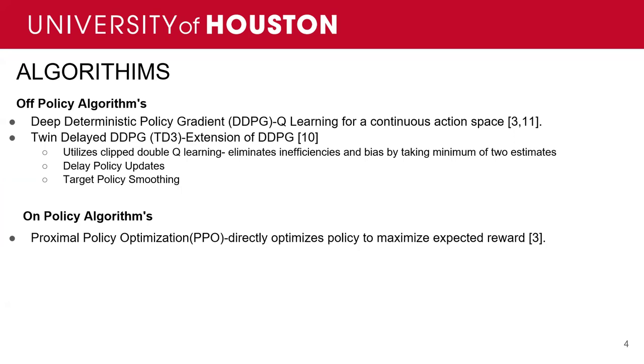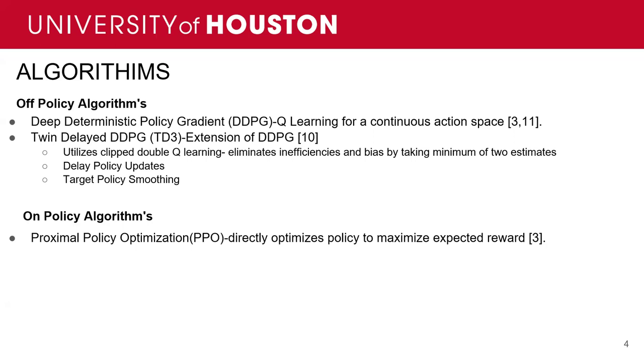Now, one thing about DDPG is it can be brittle to certain situations, and it can overestimate Q values. Now, to fix that, they've created an extension of DDPG, which is twin delayed DDPG, TD3, which aims to quit overestimating the Q values.